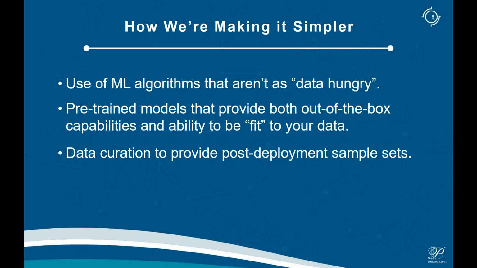One is relying on machine learning algorithms that aren't as data hungry. I think everybody has heard of deep learning by now, but there are a lot of other types of machine learning algorithms, like support vector machines and other ways you can train a system that aren't as, quote unquote, data hungry.